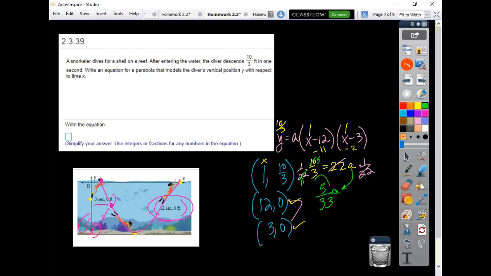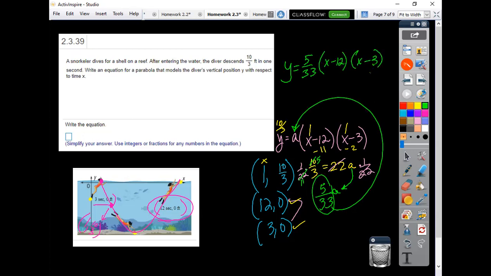We put that 5/33 back here, and we should have our final equation: y equals 5/33 times (x minus 12) times (x minus 3) for that diver.